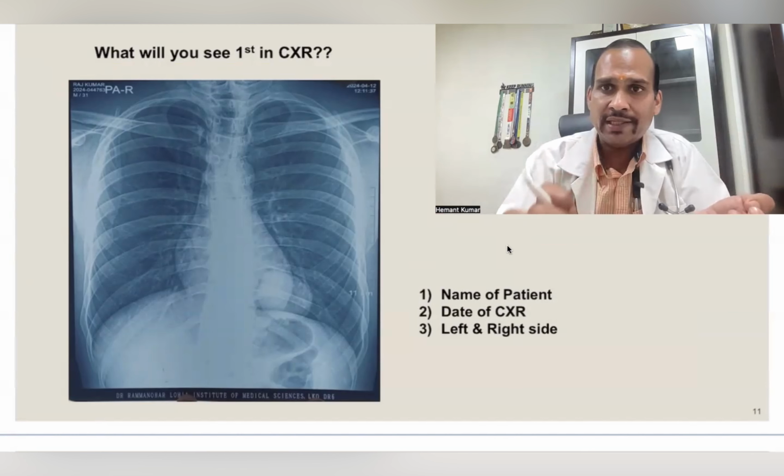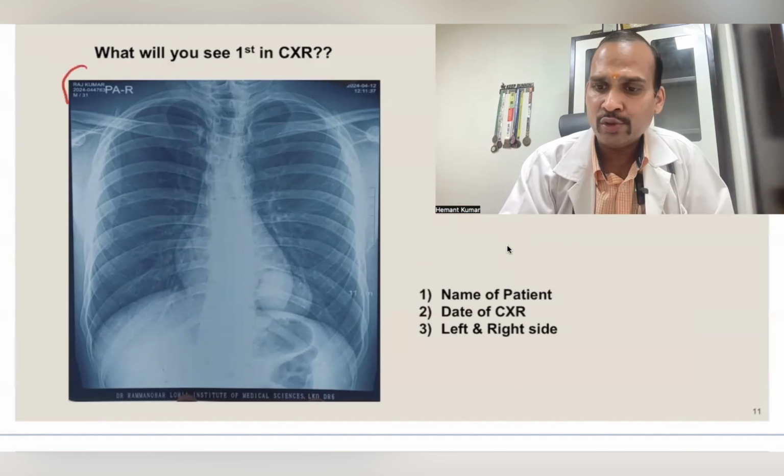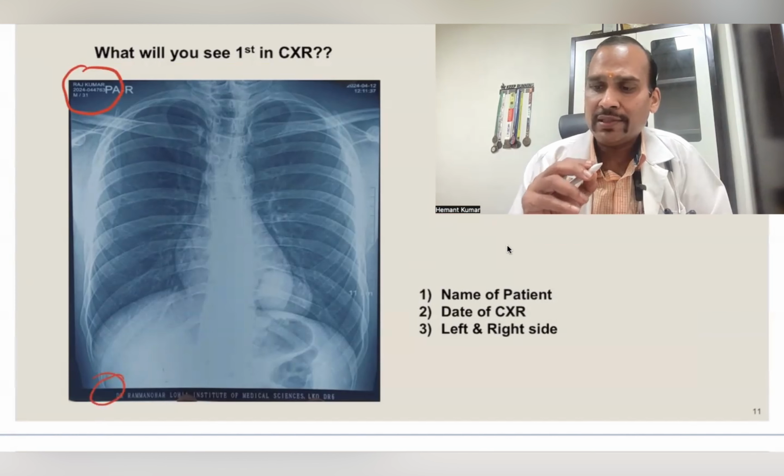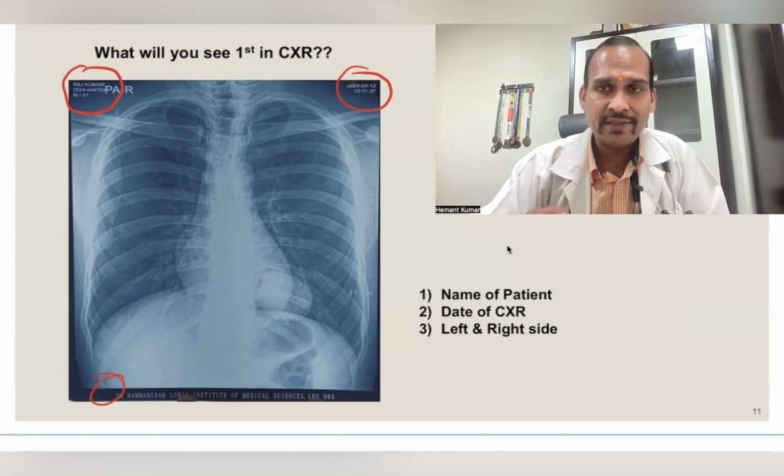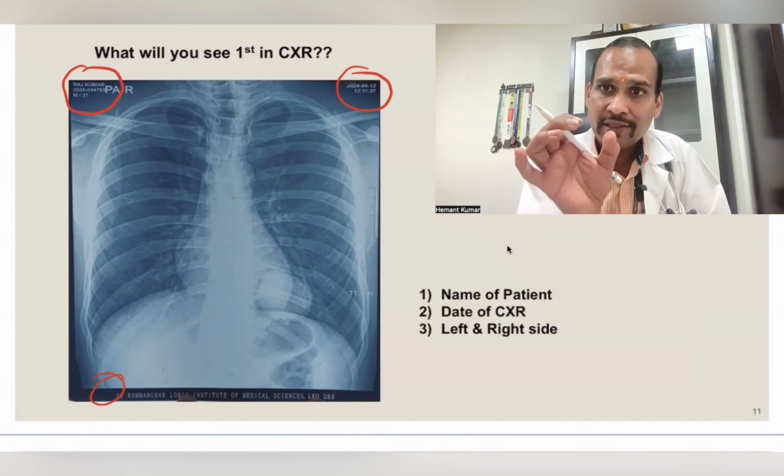So whenever you get an X-ray, you check the name. The name is written on the upper side or lower side. Then you check the date of the X-ray, because in the field of pulmonary medicine, serial X-rays are important. So we have to look for the date.